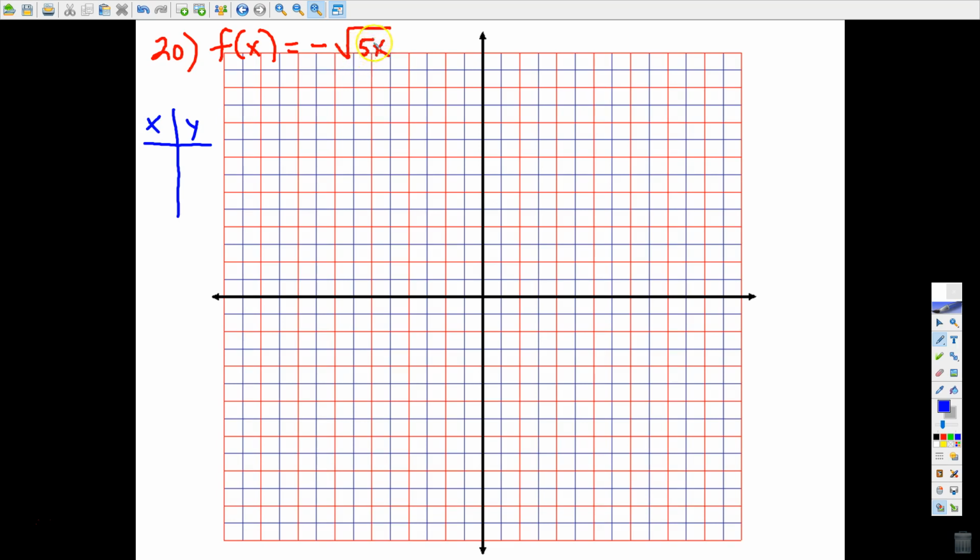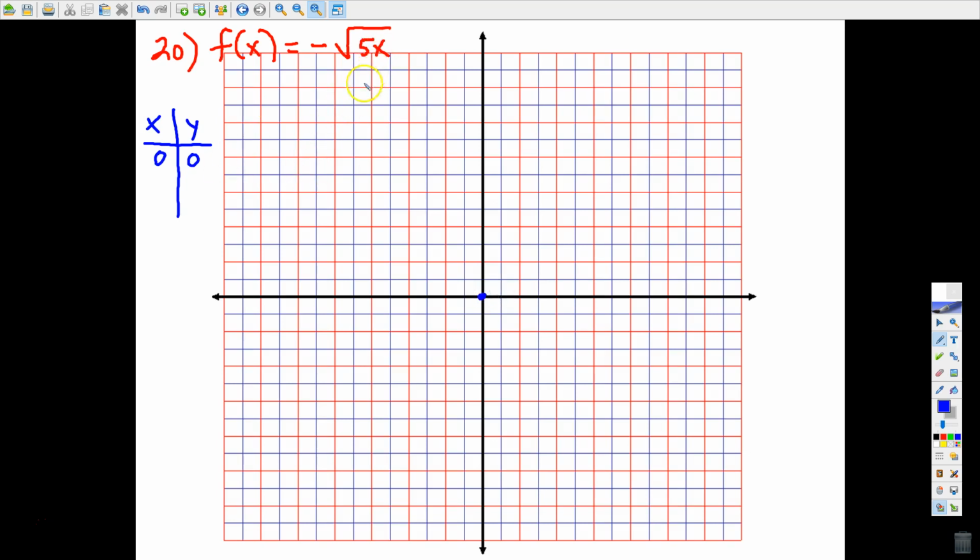In class, the true parent function has just a regular 1 here as a coefficient. But these are easy enough. Instead of graphing it as a translation of the parent, y equals the square root of x, we're just going to do some inputs and outputs. So if I let x be 0, I'm going to get an output, or a y of 0.